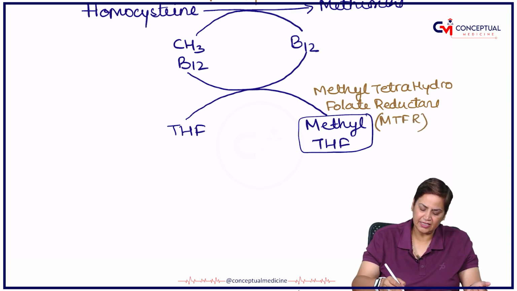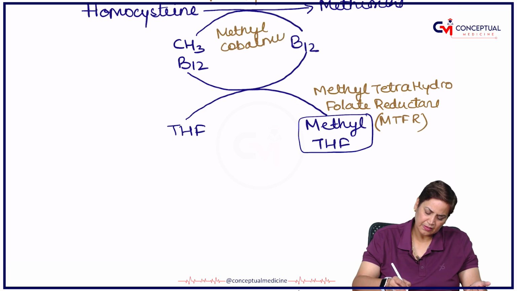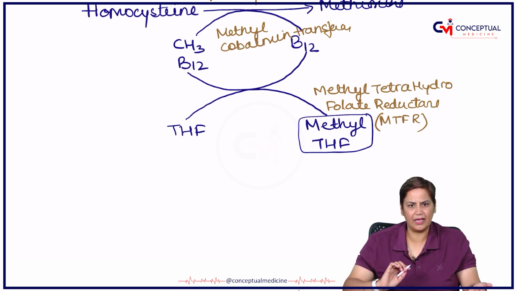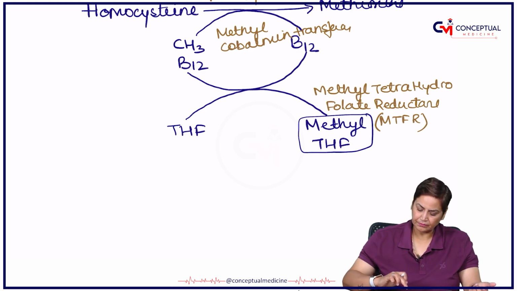And here, it is methyl cobalamin transferase, or you can say methionine synthase, because this is just acting as a coenzyme, right? So this is how homocysteine is converted into methionine.